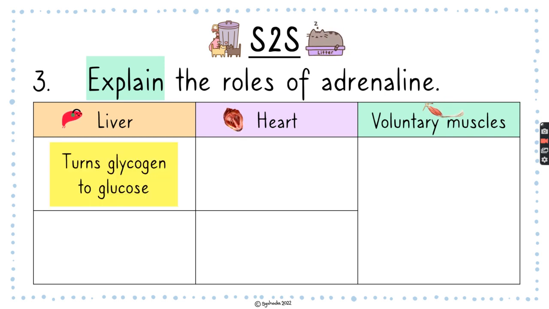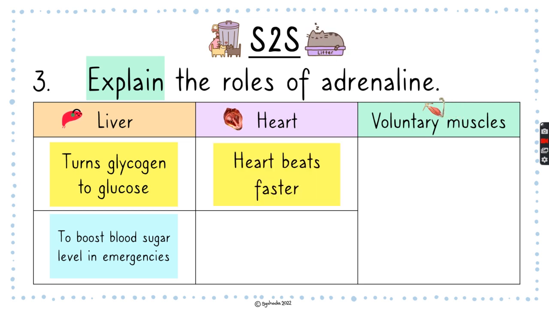What adrenaline does to the target organ, the liver, is that it will influence the liver to turn glycogen into glucose, to boost the blood sugar levels during emergencies, and it will also make sure that the heart beats much faster, and this ensures more oxygen is sent to the brain and muscles.